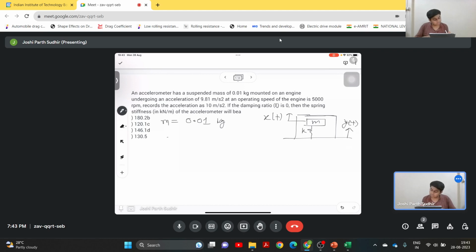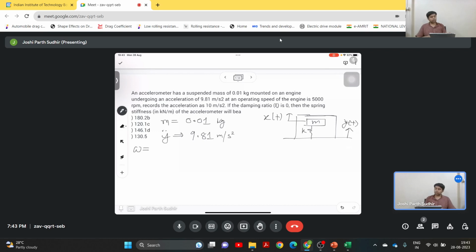The acceleration of the engine is y double dot, which is 9.81 meter per second square. It is given that this engine is operating at a speed of 5000 rpm.